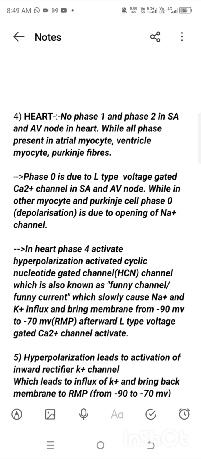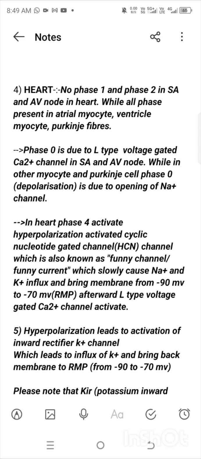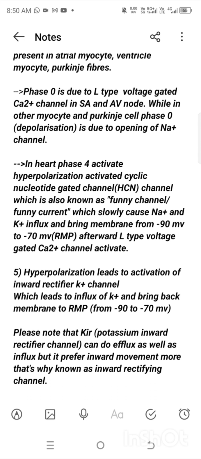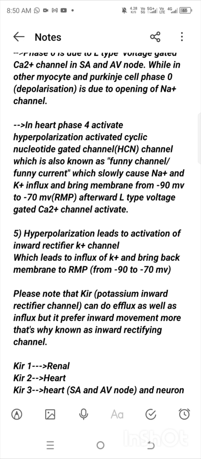In the heart, phase 4 is very important because it leads to activation of the hyperpolarization activated cyclic nucleotide gated channel, known as the funny channel, with the funny current, which leads to slow influx of sodium and potassium and brings the membrane potential from minus 90 to minus 70 millivolt, the resting membrane potential, RMP.